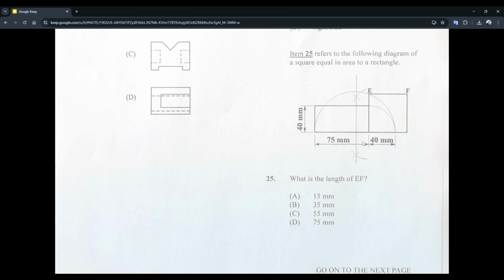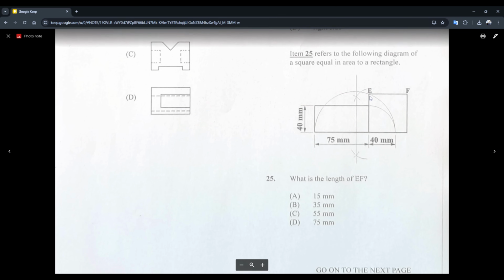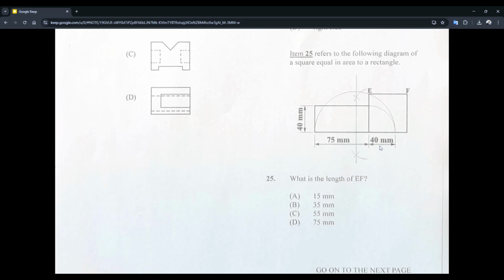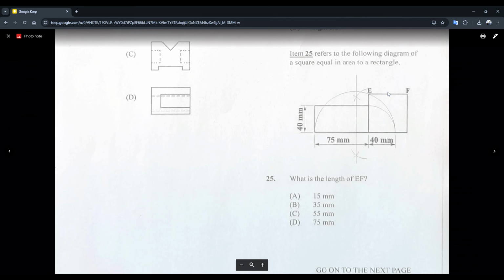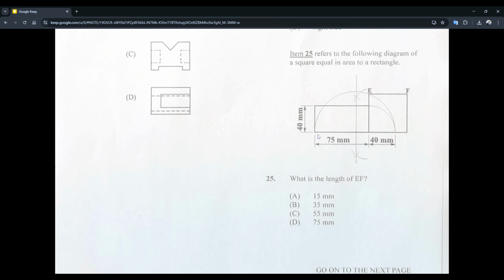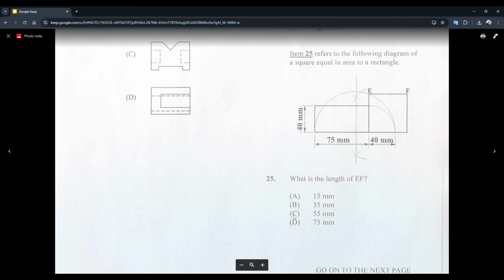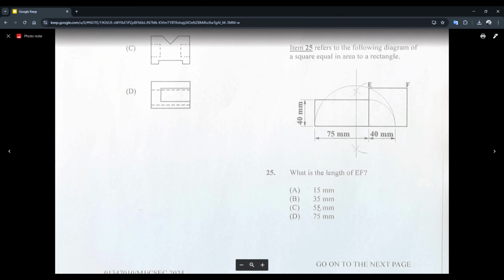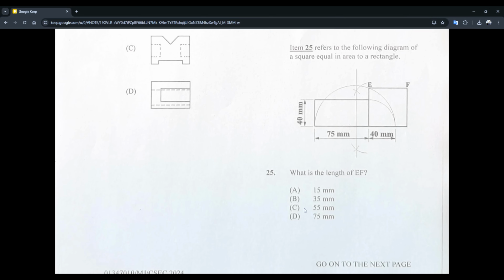What is the length of EF? This is really a math question, but I don't have to do the math. EF has to be more than 40, as you can see here, but it has to be less than 75, because 75 is obviously longer than it. So EF is 55.